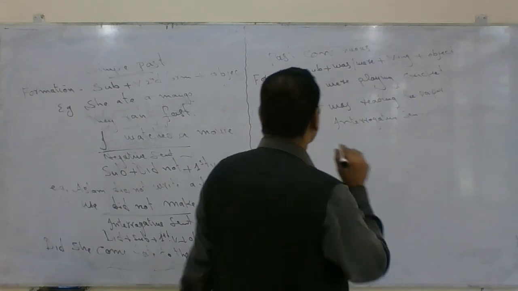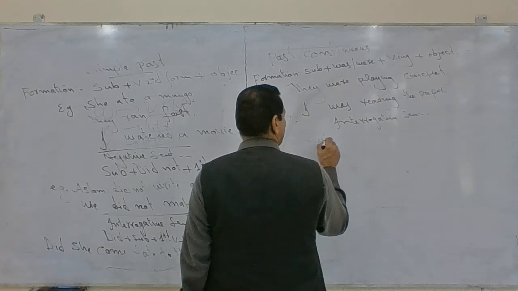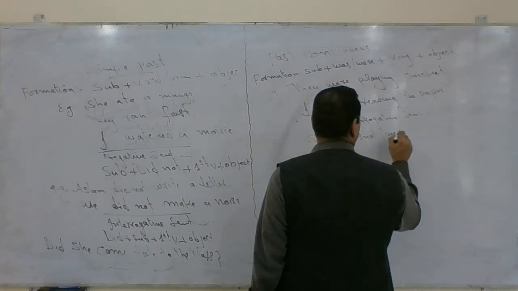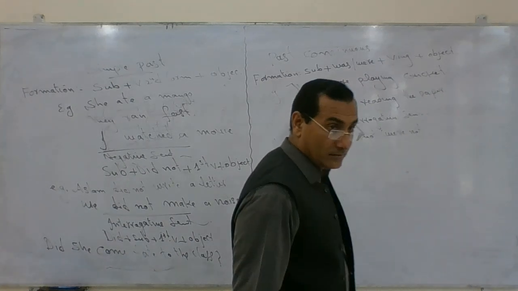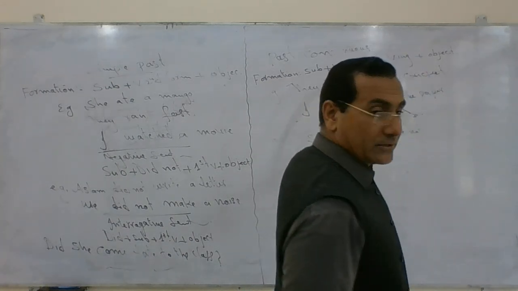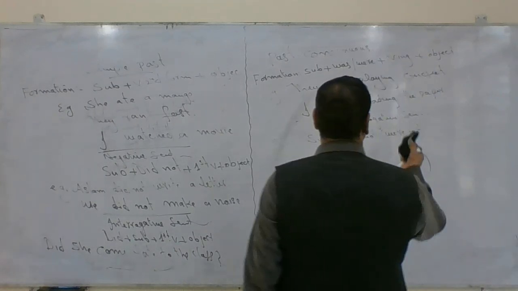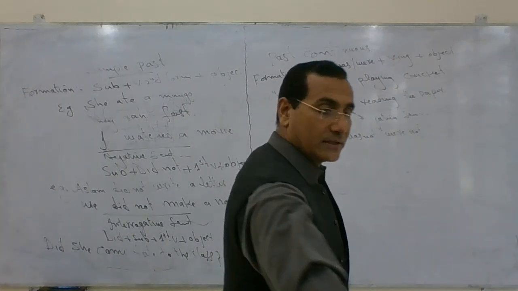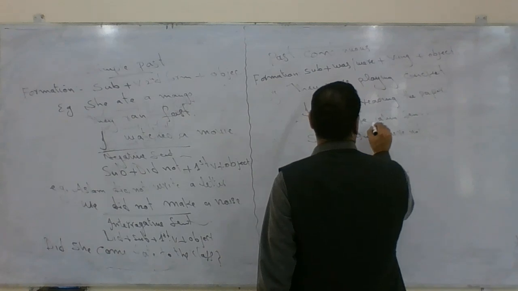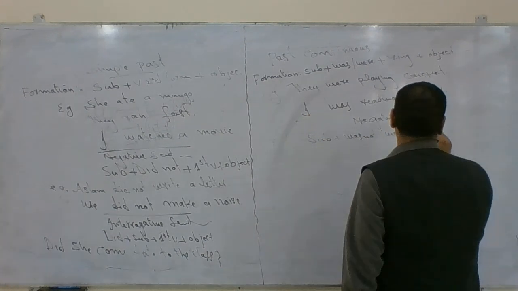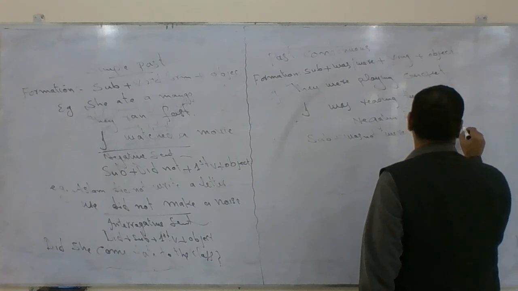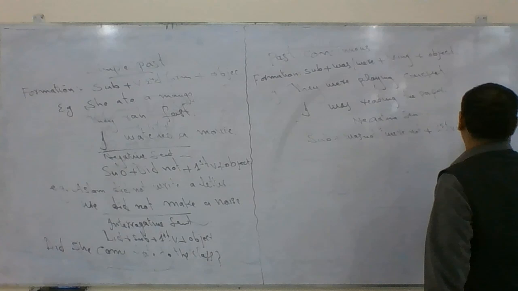The formation is like this: subject plus was not or were not, and then the verb in its ing form, and then object.